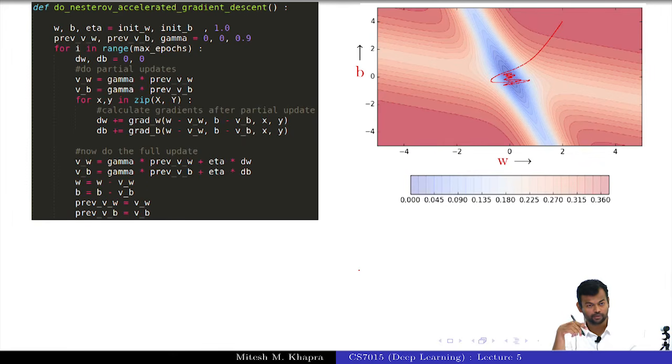So this is what momentum-based gradient descent did. Now let's see what Nesterov accelerated gradient descent will do. Again, the code is simple. You can just read it up. Now I've started executing. You see this blue curve coming over there. Now I keep running this.